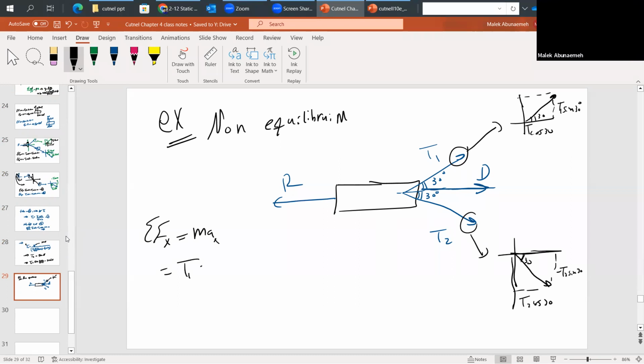That means your T1 cosine 30 plus T2 cosine 30 plus your drive force minus your R force equals MAX. And let me go ahead and label this. So this one is going to be 7.5 times 10 to the 3 newtons. This one is going to be 40 times 10 to the 3 newtons.